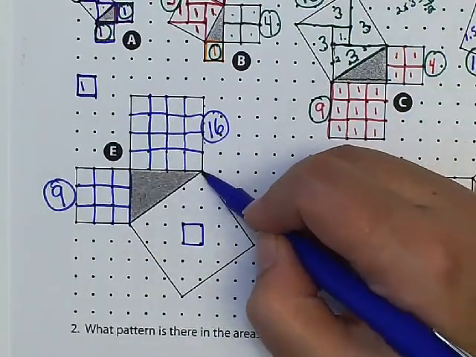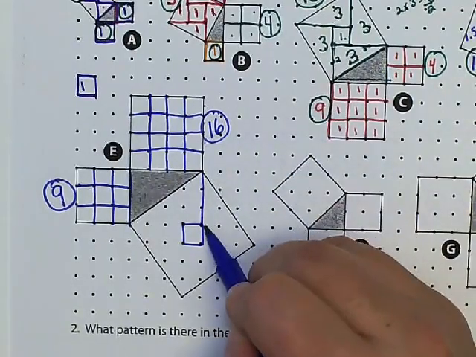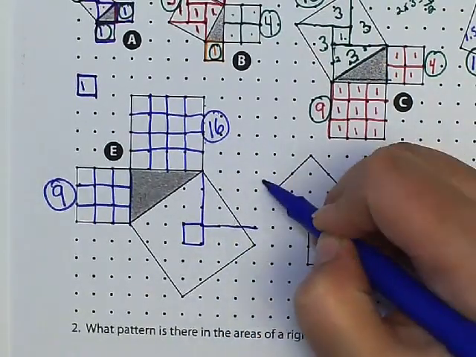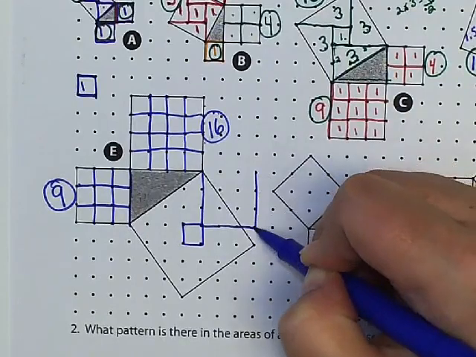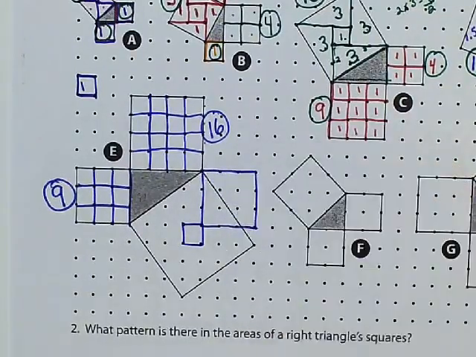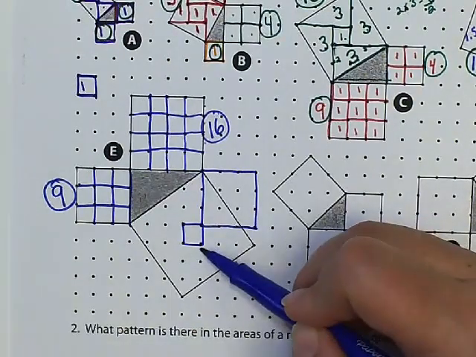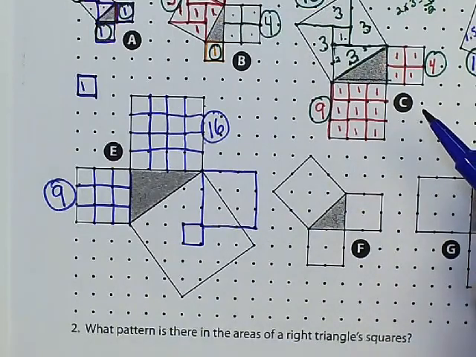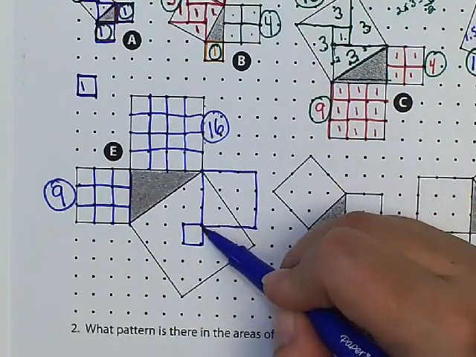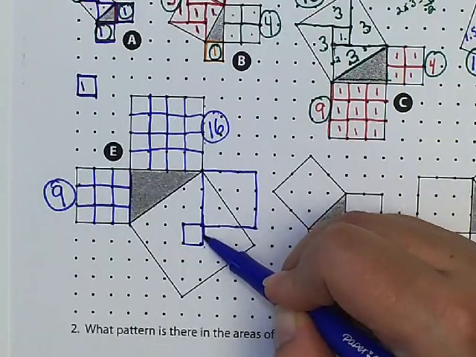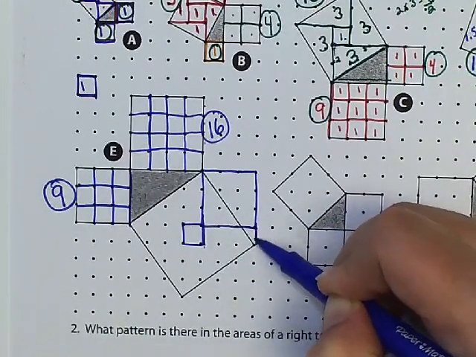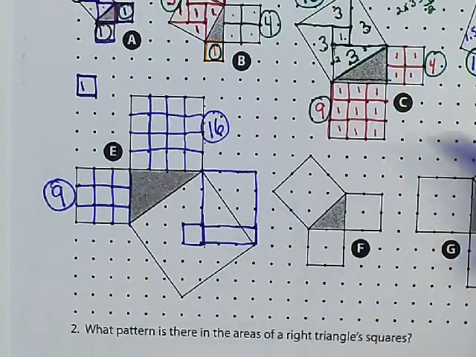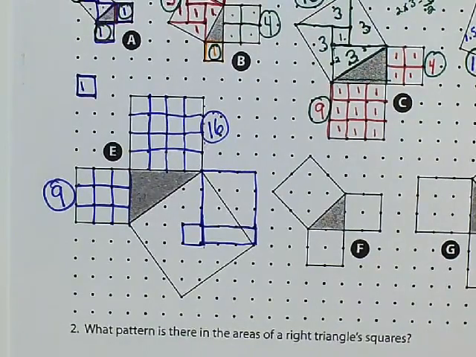So I'm going to look at it this way. Does everybody see that? So I should be able to do that all the way through. Oh, you know what? I should have come all the way down with this one. Go ahead and make that one all the way down, guys.